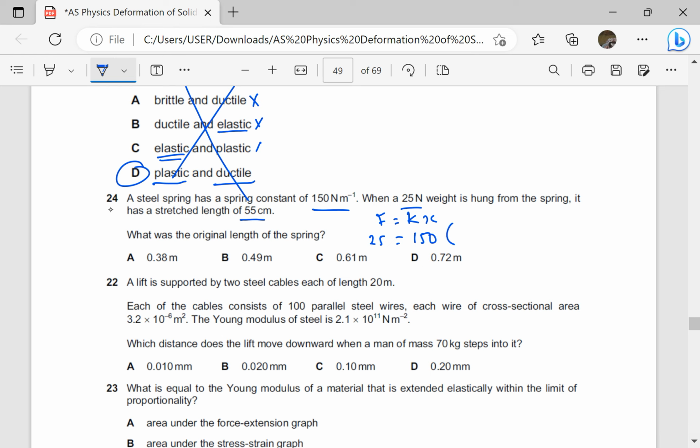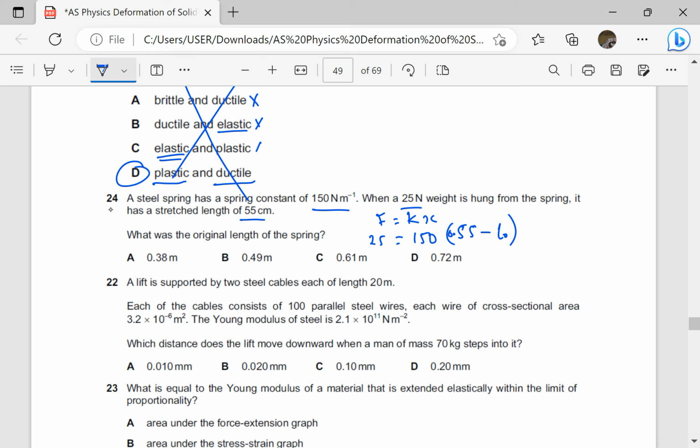And the extension is the new length minus the original length. It has a stretched length of 55 centimeters, which is 0.55 in meters, minus the original length. Let me call it L naught.